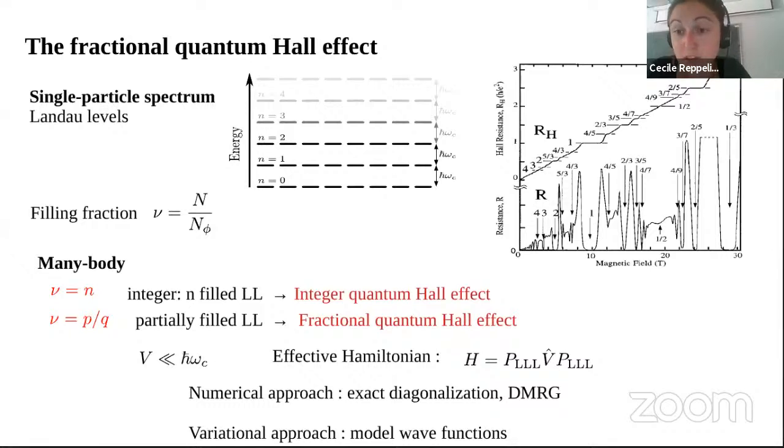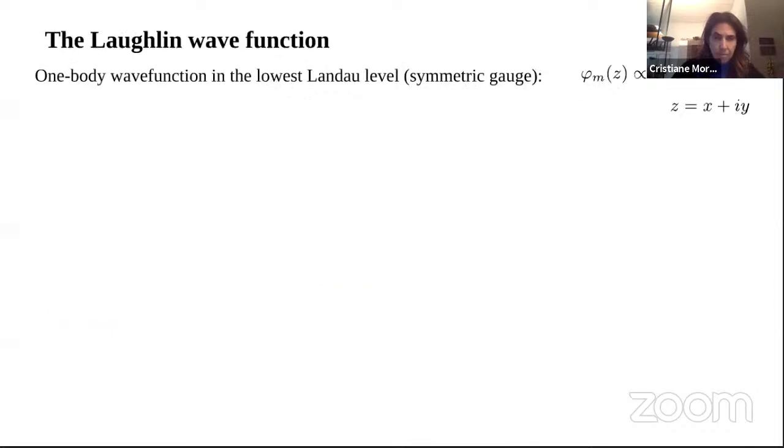So I'd like to talk a little about this now by talking about the Laughlin wave function. Where does this wave function come from? If you are working in the infinite plane, you can write down one-body wave functions in the symmetric gauge, or at least it's practical to do so.